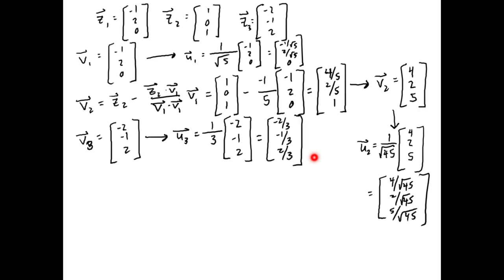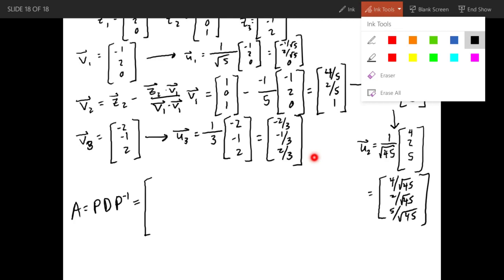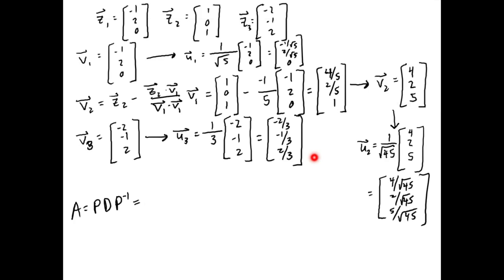Okay, finally, we want to write my matrix as P, D, P inverse. To do this problem, I don't actually have to write it out this way.